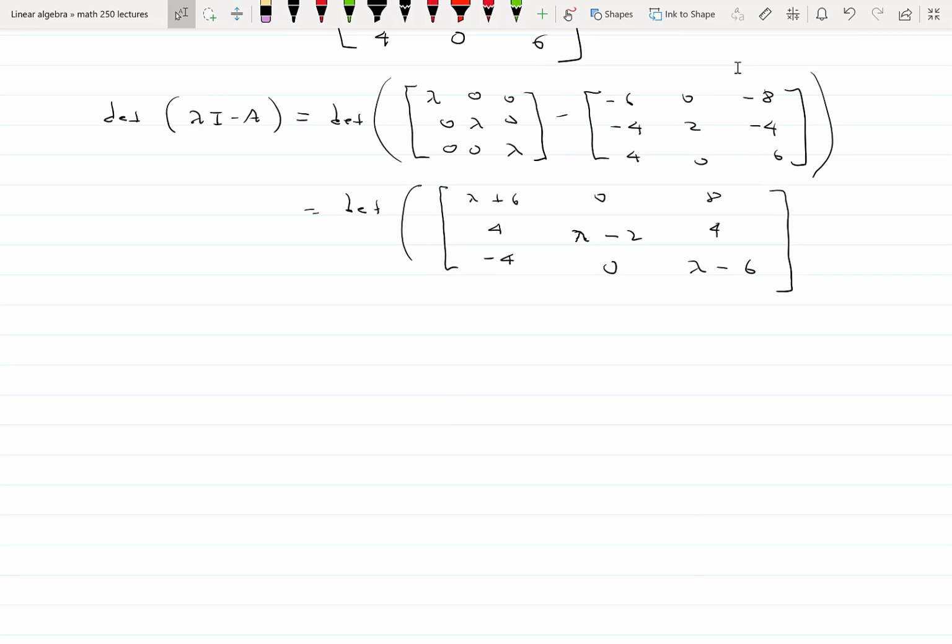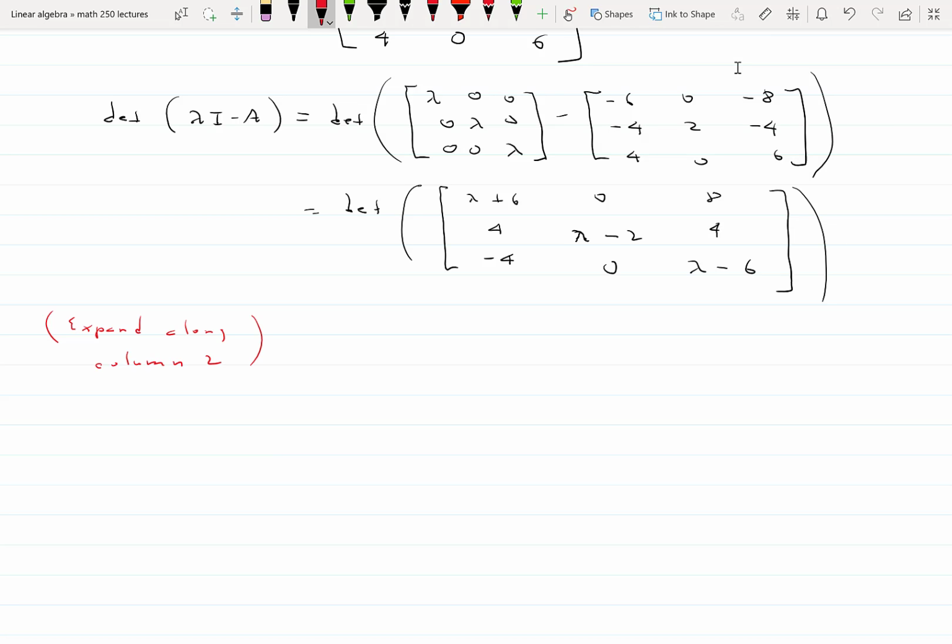Okay, I need the determinant of this matrix. Well, things suddenly got a little more complicated than before. We have a 3 by 3 matrix, but we don't have to expand along the first row. So I'm going to expand along, what do you think? Not the first row, not the second or third row. I'm going to expand along the second column, column 2.